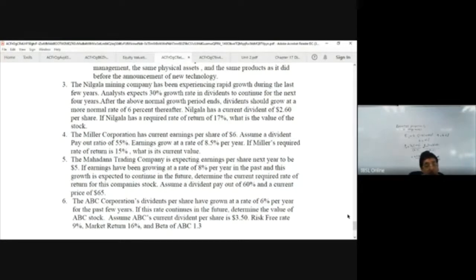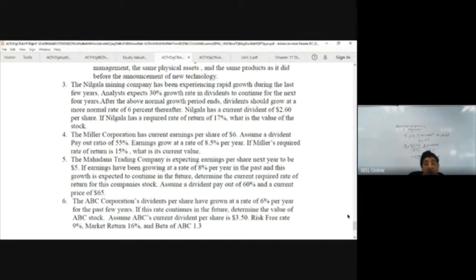They have given here E1, not E0, because it is next year's earnings per share. Now, when you have next year's earnings per share, you would get dividends also by looking at it. Now, you just look at the other data available.